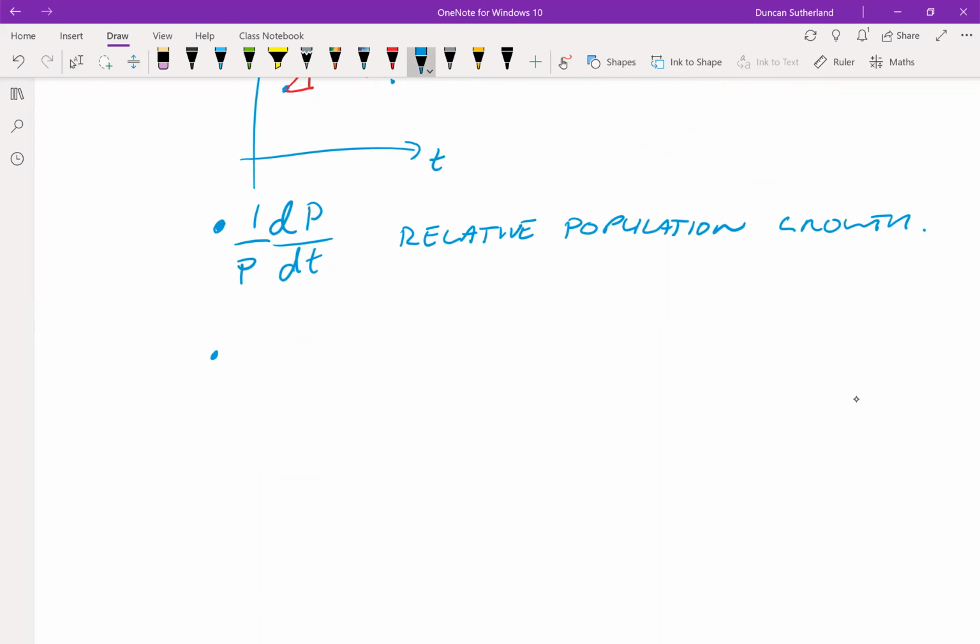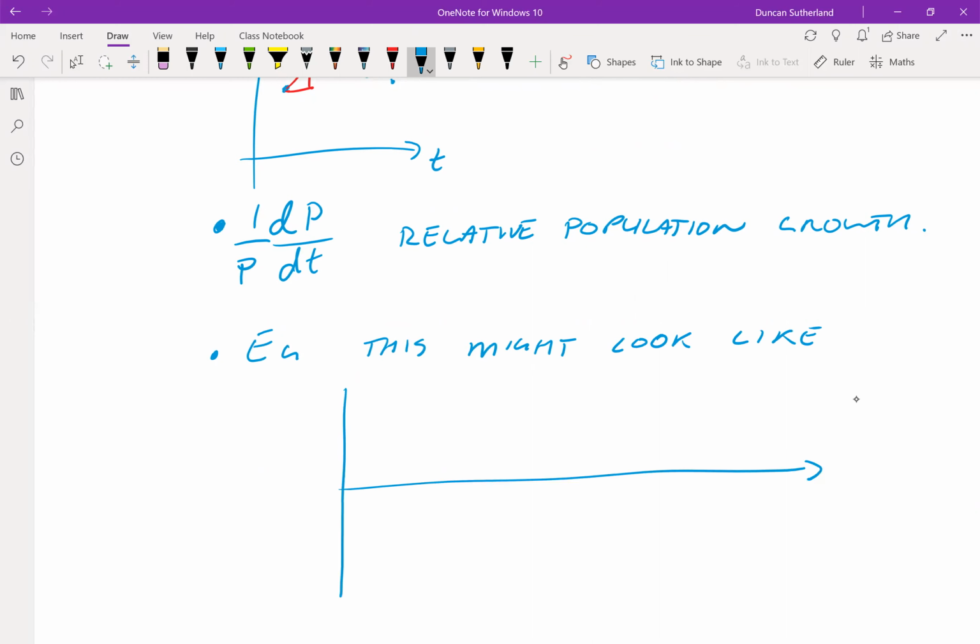So for example, this might look like time, dp dt 1 on p, summer, autumn, winter, spring.